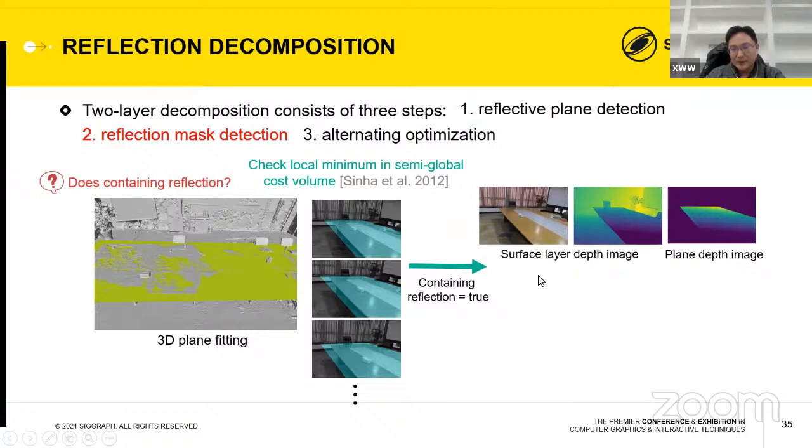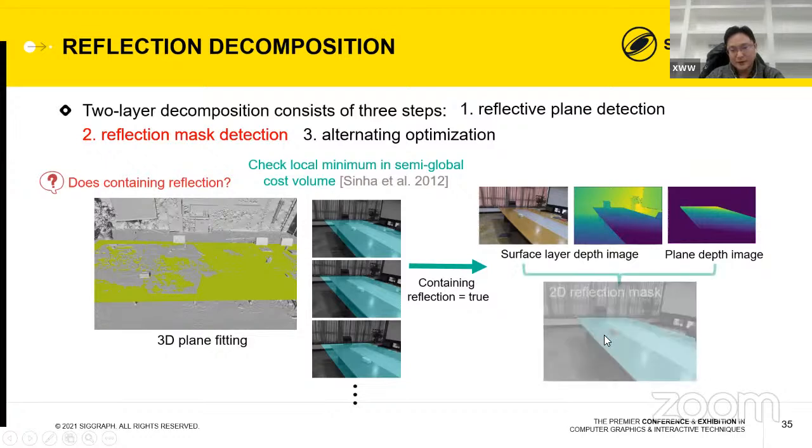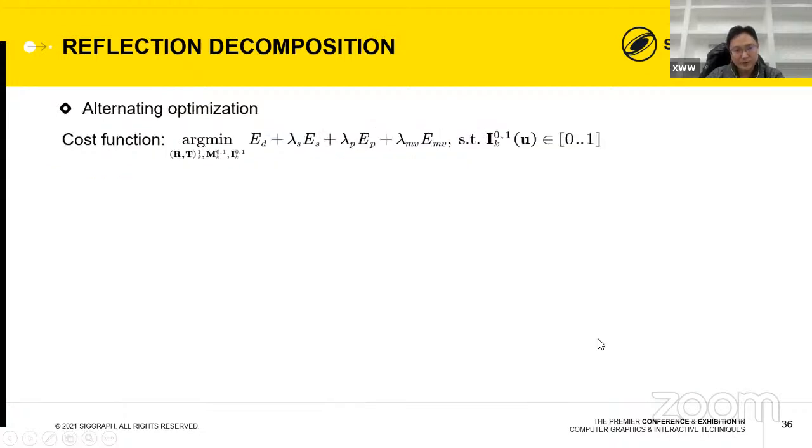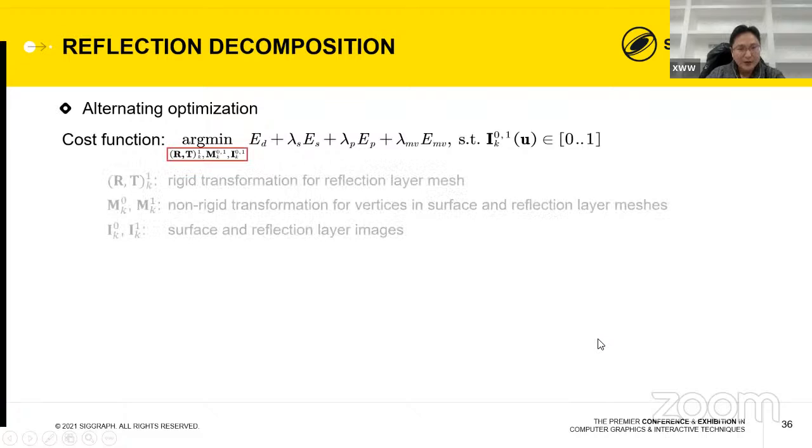After we obtain the reflection mask, we can use an optimization algorithm to obtain the two-layer meshes and the two-layer images. This is the objective function.